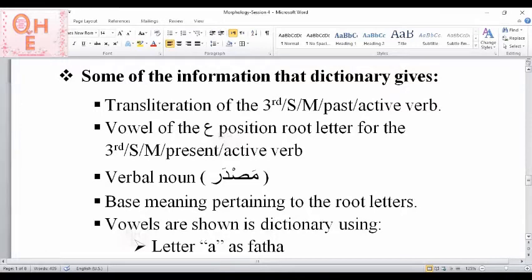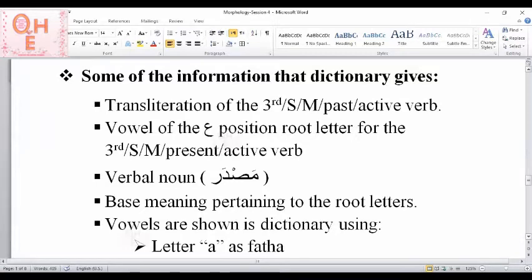So what we do is plug in the root letters, in sequential order, right to left. When you type a combination of root letters, what information do you get from the dictionary? First of all, we get the transliteration of the third person singular male past active verb. Again, the transliteration of the third person singular male past active verb.